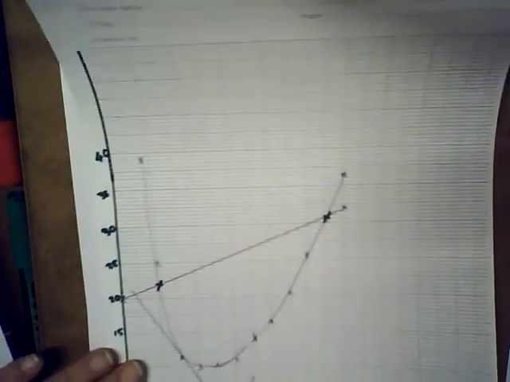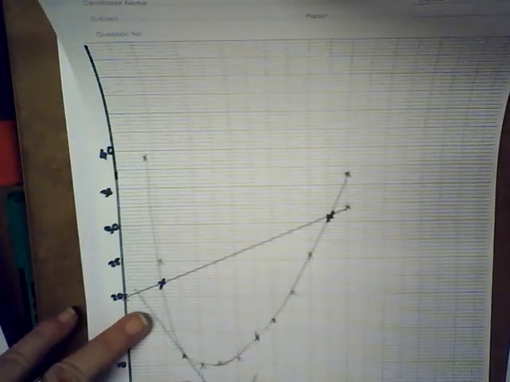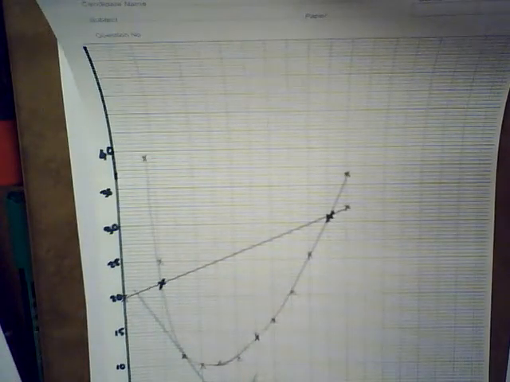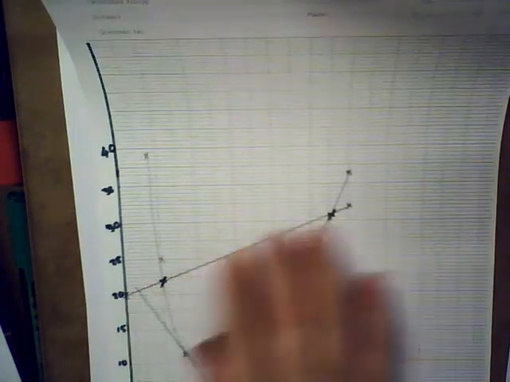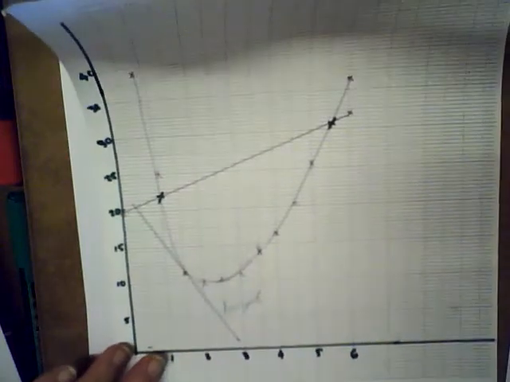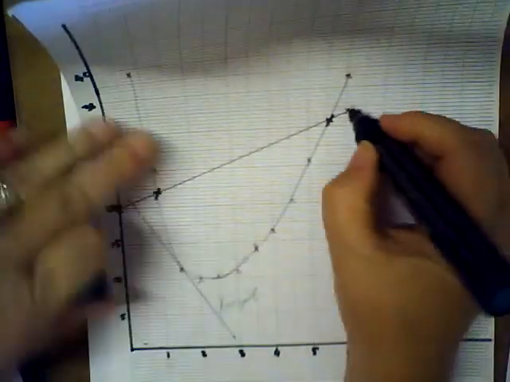So the next one, they ask us, draw the tangent to the curve which has the same gradient as your line in D1. Same gradient as D1. Okay, so there's D1.